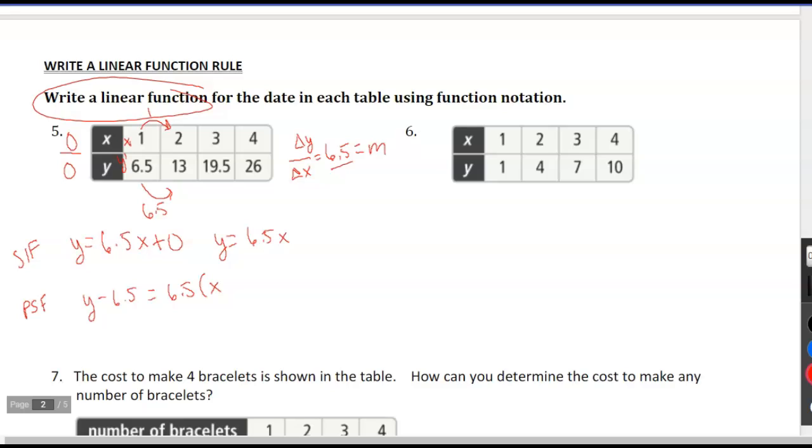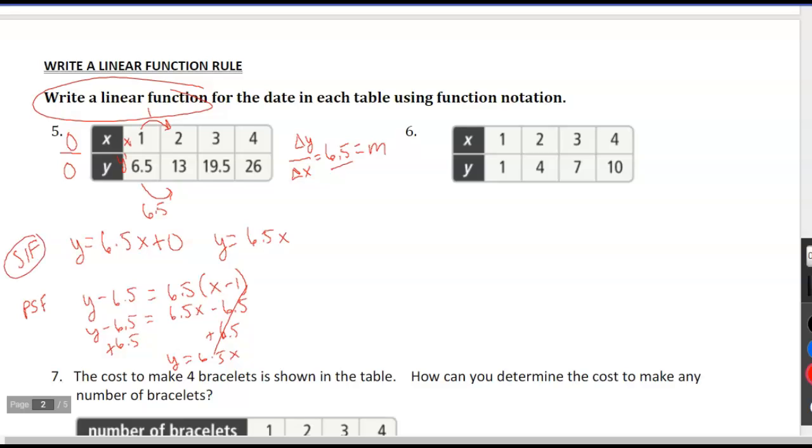Well, my x1 is 1, so we have x minus 1. So real quick, when we do our distributive property, I get 6.5x minus 6.5. Well, look what happens when I add my 6.5, that cancels. And guess what I get? Same thing.